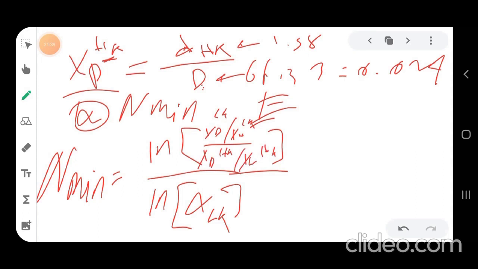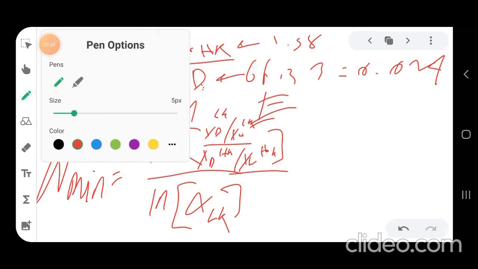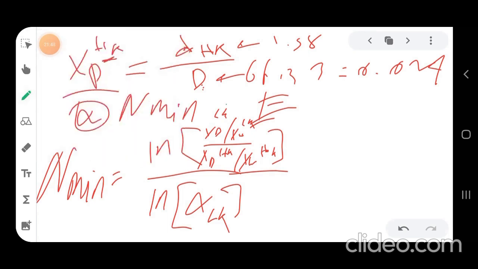So I think now you understand why I did all of this material balance. The target is that now I have XD LK, XW LK, and XW heavy key.